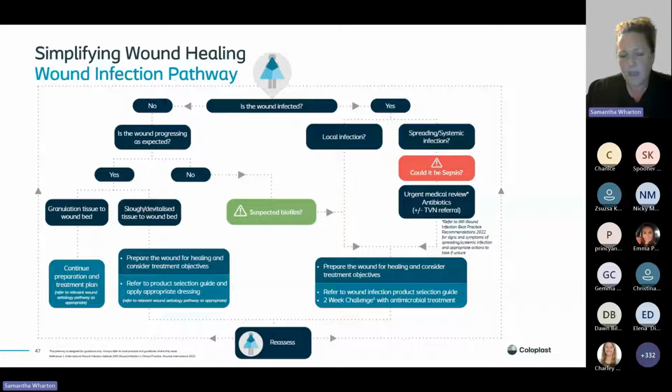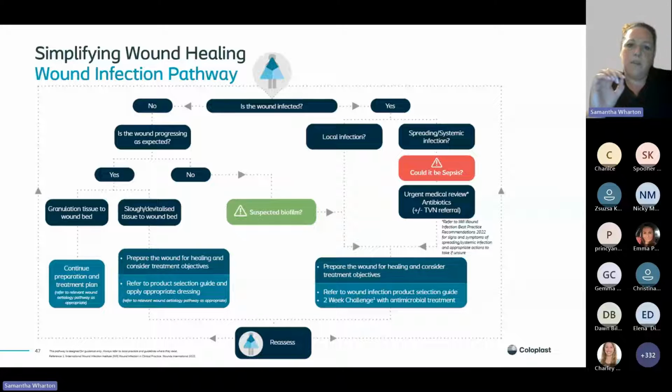Over 80% of chronic non-healing wounds will have a biofilm present. If you've got that biofilm present, we need to be following those international best practice statements. So we need to be cleansing and debriding that wound, choosing an effective barrier dressing, using that active agent and doing the 2-week challenge with an antimicrobial.